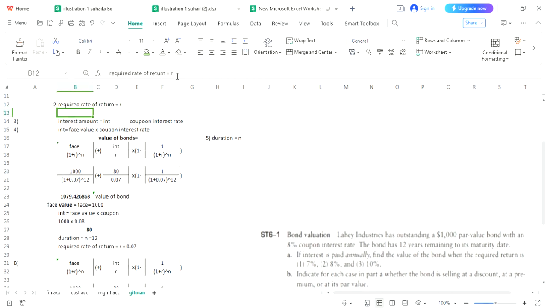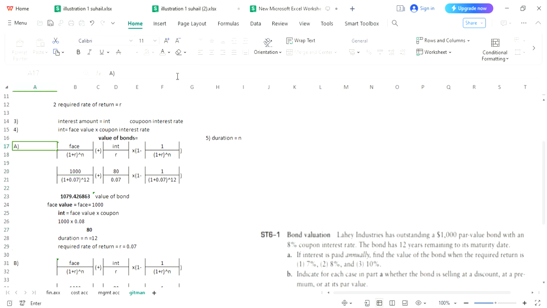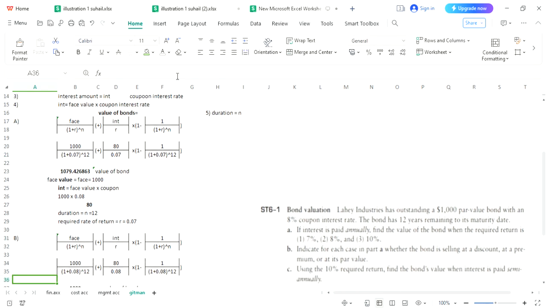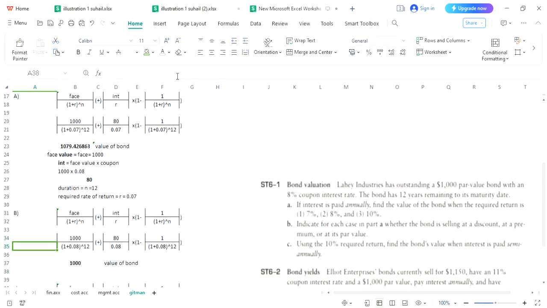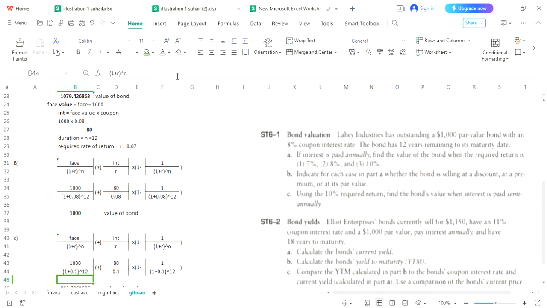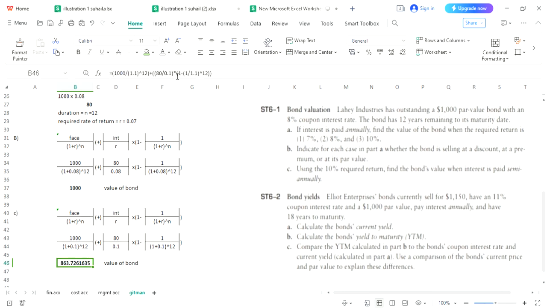So please take a screenshot of all these. Here you have calculated your A part. This is your B part and its answer is 1000. A part's answer is 1079, B part answer is 1000, and C part answer is 863.